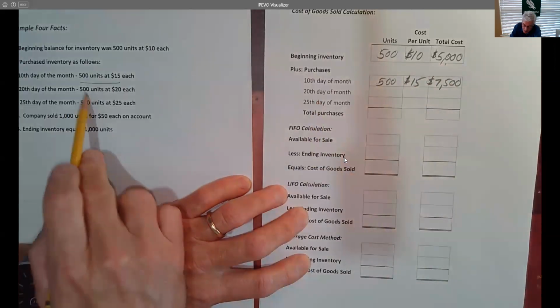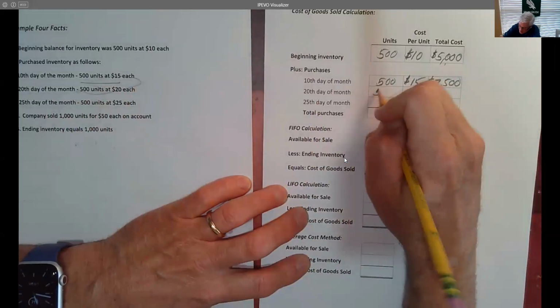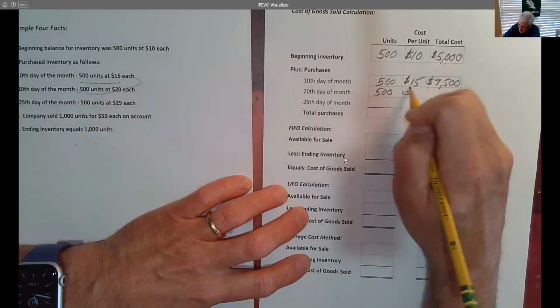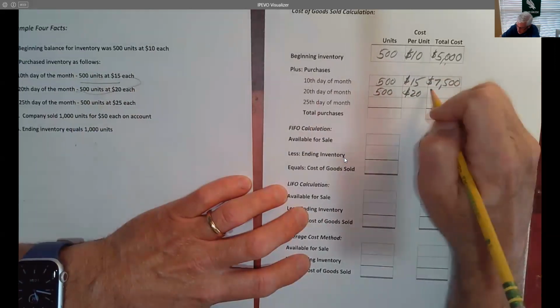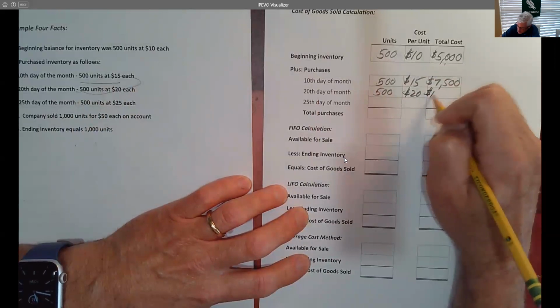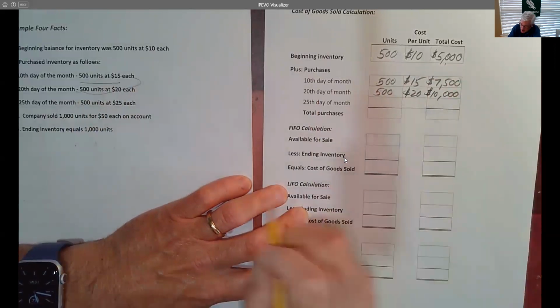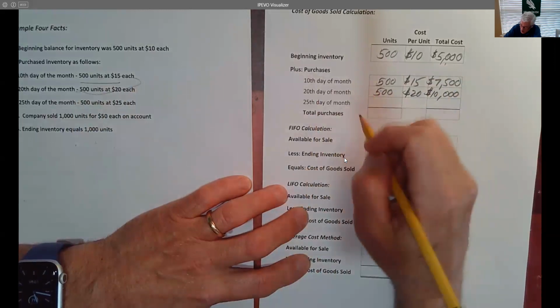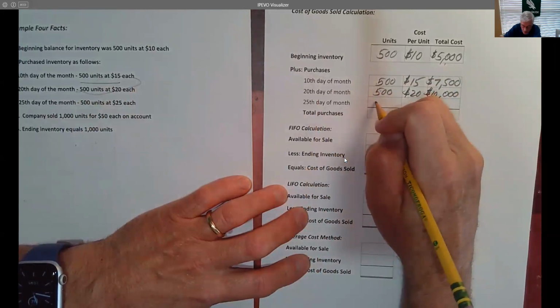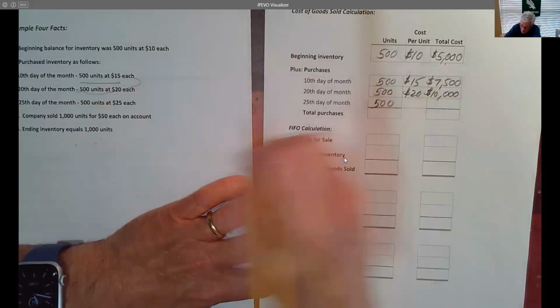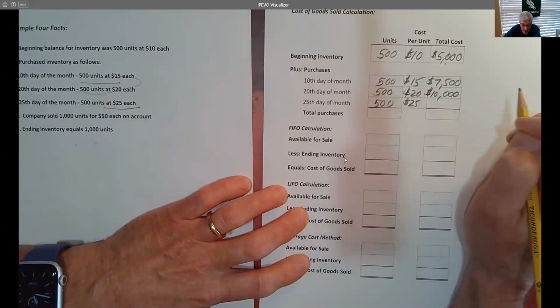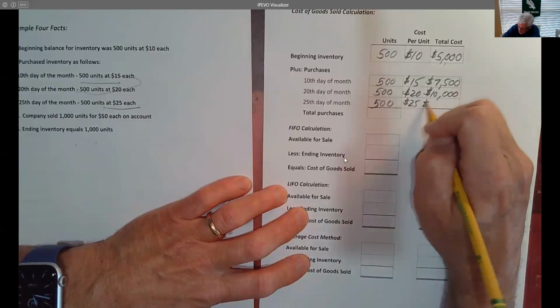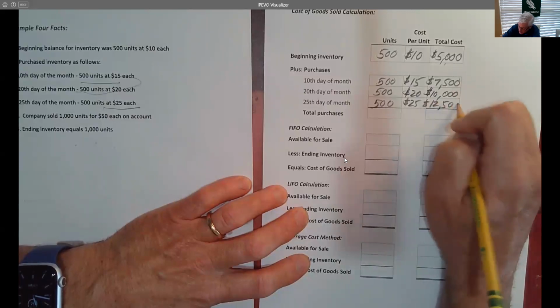On the 20th day of the month, we bought 500 units at $20 each. 20 times 500, 10,000. And the 25th day, we bought another 500 units at $25 each. And that multiplies out at 12,500.